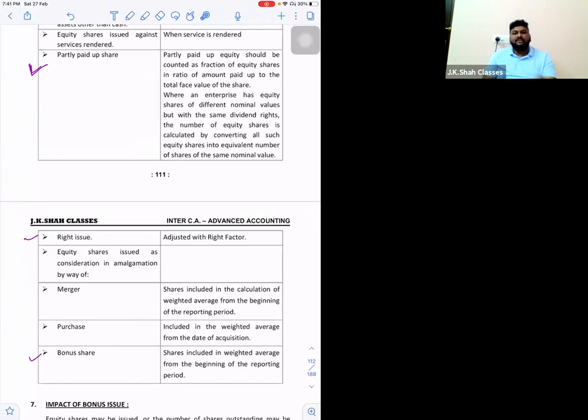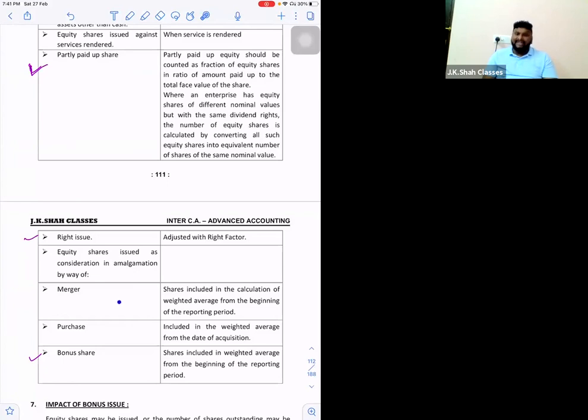The best example of amalgamation was Bank of Baroda, Vijaya Bank, Dena Bank. Vijaya Bank and Dena Bank were completely absorbed by Bank of Baroda. And now Vijaya Bank and Dena Bank are no more in existence because Bank of Baroda has taken their complete business. So I can say that Vijaya Bank and Dena Bank both got amalgamated into the Bank of Baroda.